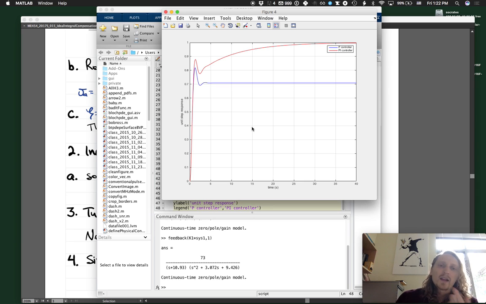We could loop back. We could say, okay, well, this looks okay, but maybe we want this integrator to be a little faster. It's kind of slow, right? I mean, it takes another 20 seconds till it really gets very good after the initial response. So how do we make that faster?